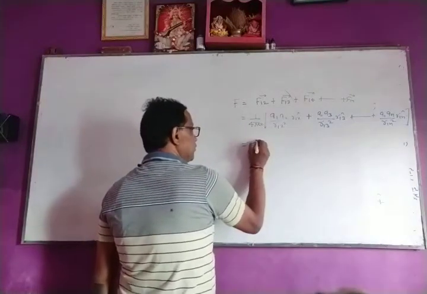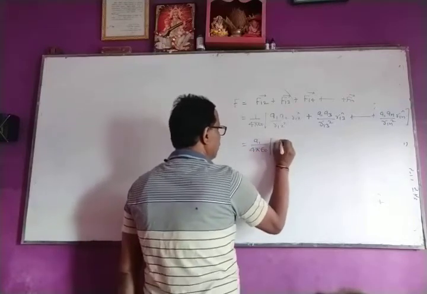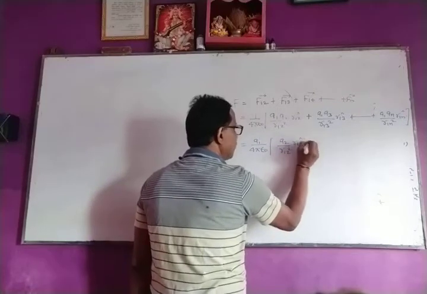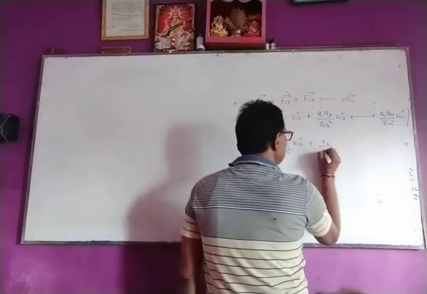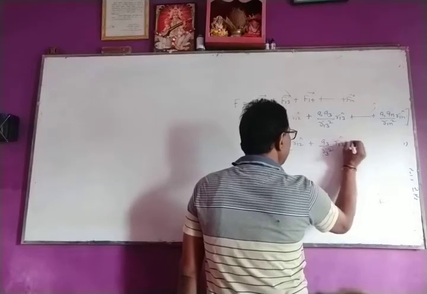So q1 by 4 pi epsilon naught times q2 by r12 whole square r12 cap plus q3 by r13 whole square r13 cap.